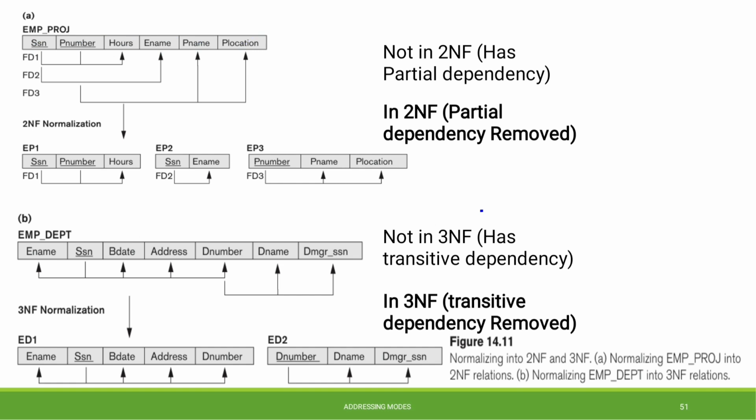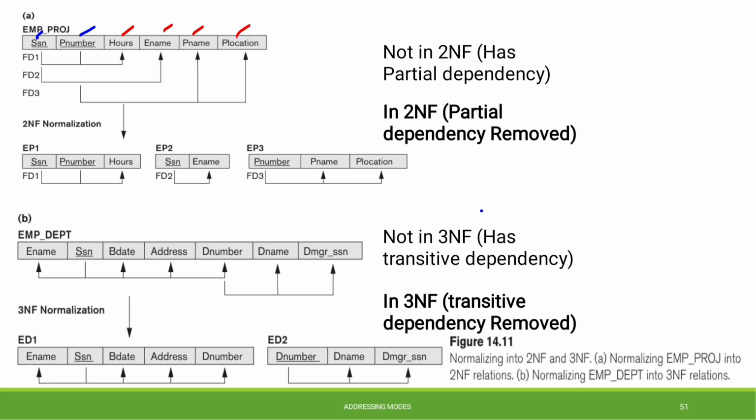Here if you observe in this relation schema, both SSN and P number attributes are underlined, meaning both together form the primary key. These two attributes are called prime attributes because they are part of the primary key. The other attributes are non-prime attributes. So the non-prime attributes are hours, ename, pname and plocation.